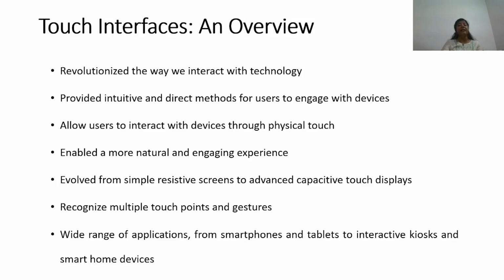They started their evolution from simple resistive screens to advanced capacitive touch displays. They recognize multiple touch points and handle various sets of gestures as well. Their scope lies in a wide range of applications, from smartphones and tablets to interactive kiosks and smart home devices.